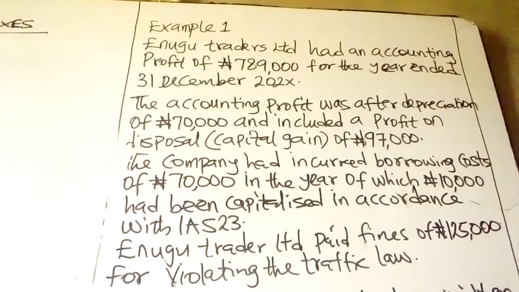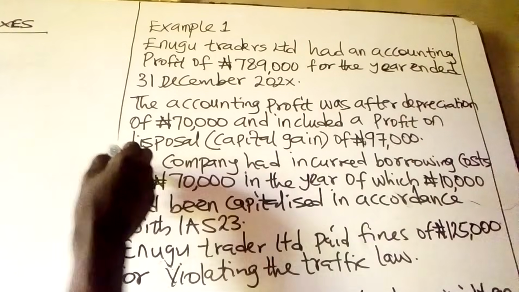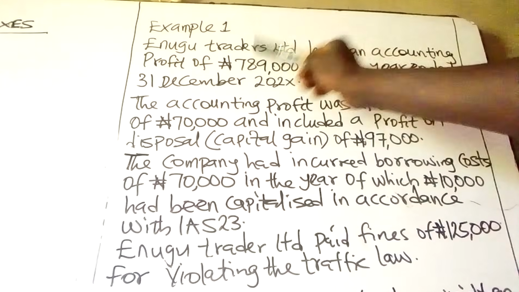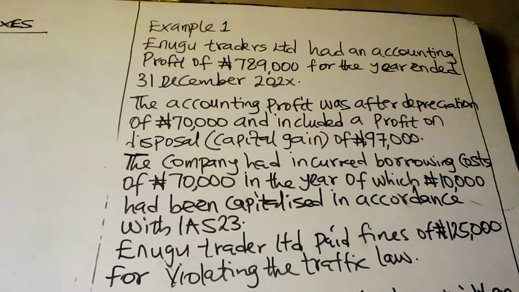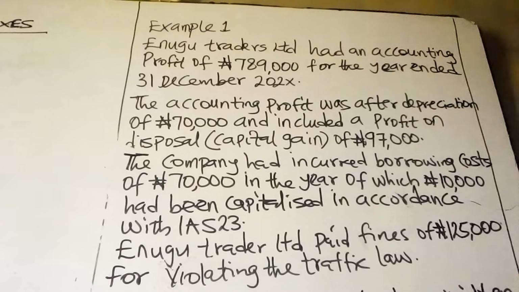Example 1. This question is obtained from the study text of the Institute of Chartered Accountants of Nigeria, ICAN, by Emile Woolf International. Enugu Traders Limited had an accounting profit of 789,000 naira for the year ended 31st December 2022.